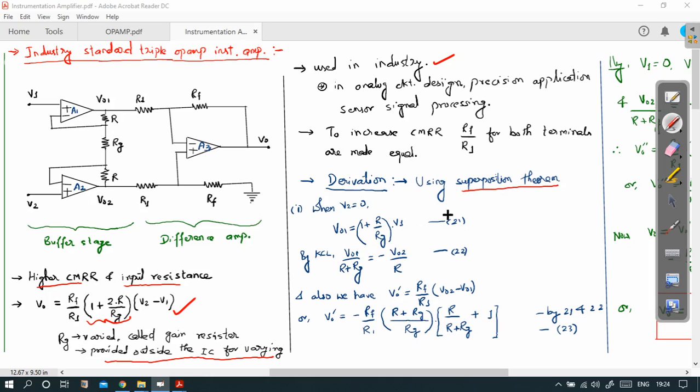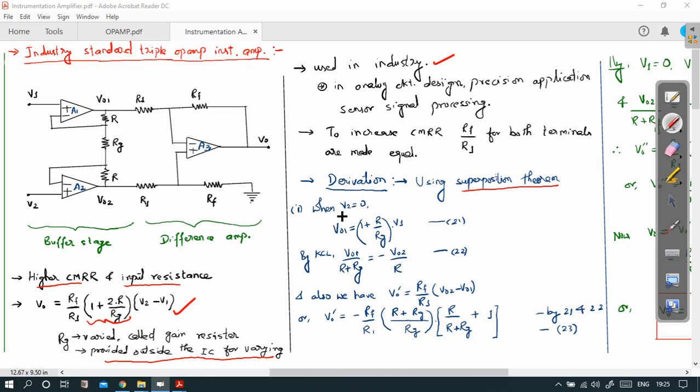When we have multiple voltage sources and we apply superposition, we take one at a time and disable the others, find the value of output voltage, repeat the process for each individual source, and in the end add all those output voltages to get the final voltage. So this would be done here.